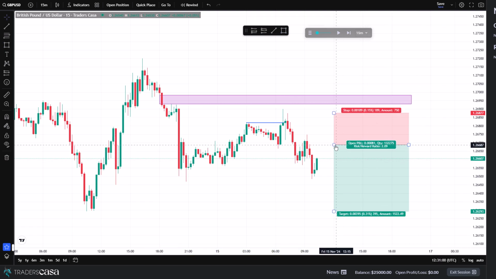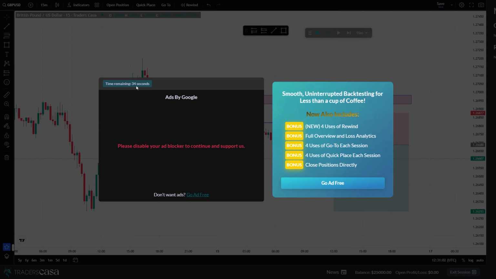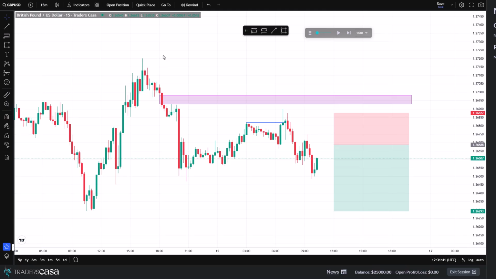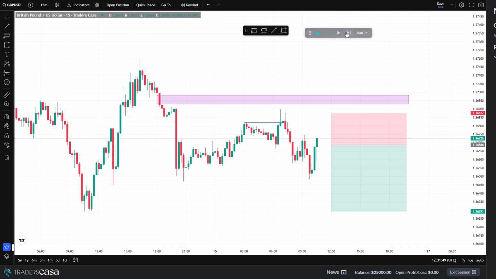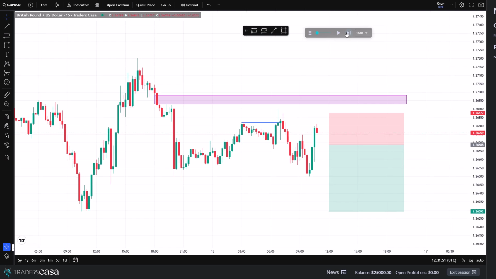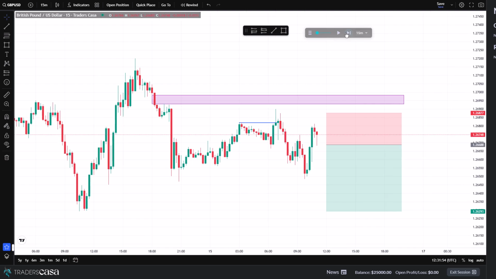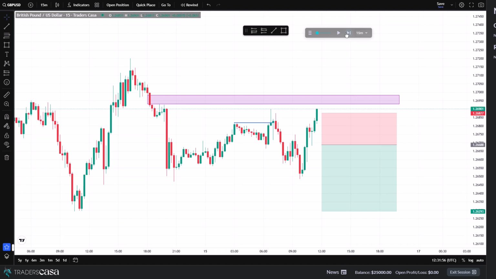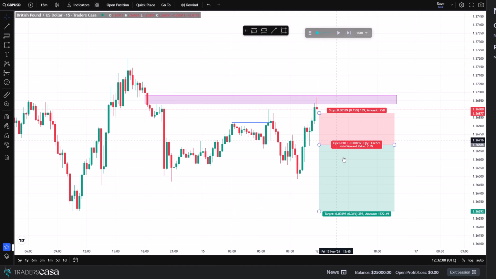So I did potentially look for a setup around this area, but I wasn't in front of the chart, so I didn't execute on this. And I guess fortunately or not so fortunately, this did not play out, and we actually eventually ended up taking a possible stop loss there, tapping into this premium fair value gap.